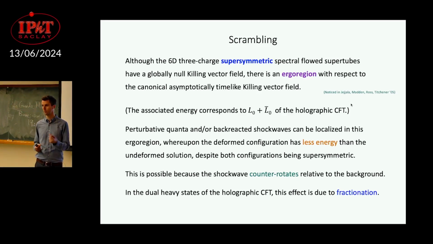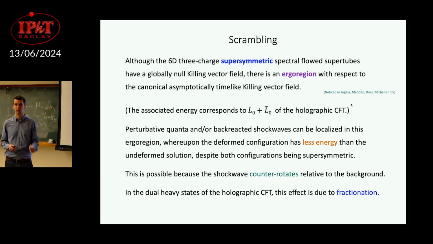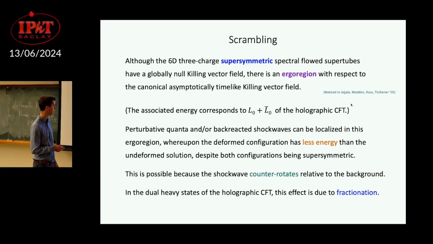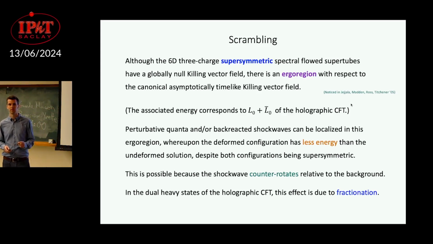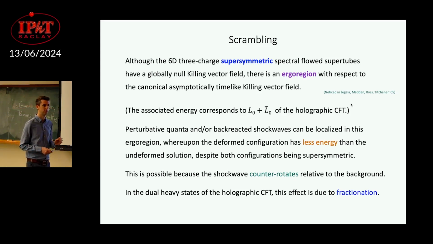It's attempting to counter-rotate relative to the background, and so it's reducing the chiral energy of the bound state. And in the holographic CFT, you can understand that this fact that there are negative energy excitations is due to fractionation.